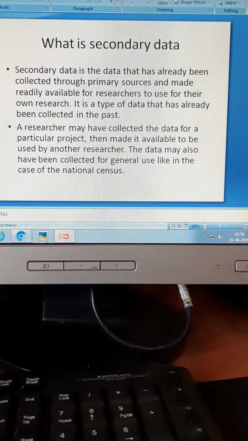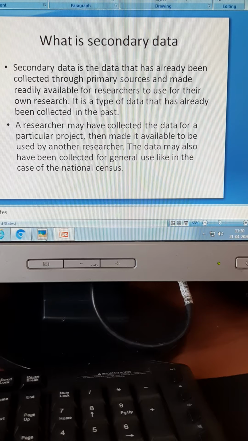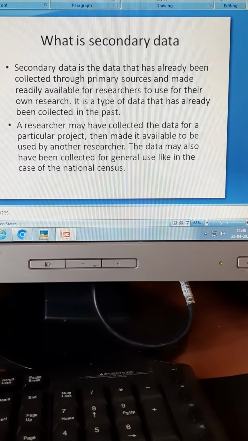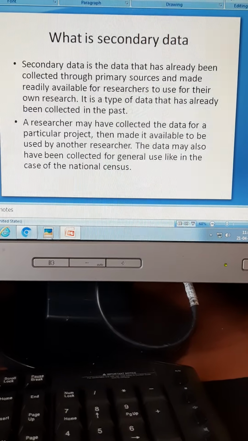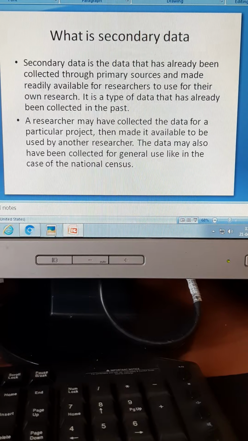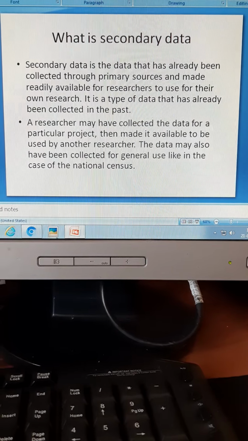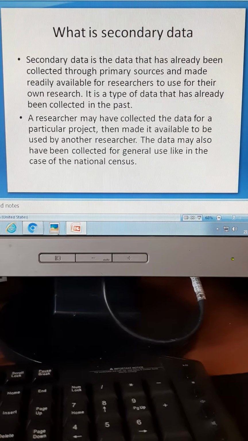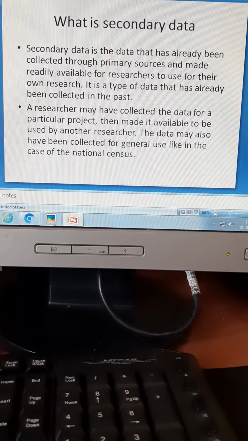I can take it for one particular district. I can take data from the census, and I can use it with the current COVID scenario, and see whether malnutrition has gone up or down for children because of COVID. Like this, I can make use of this data in so many different ways.